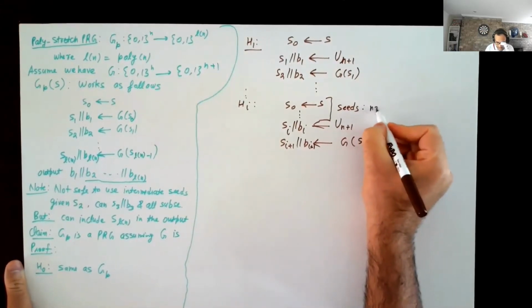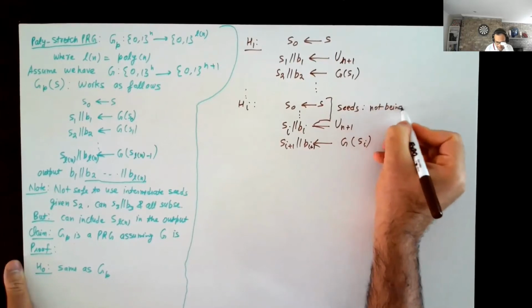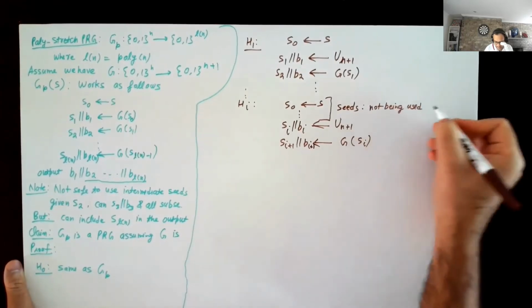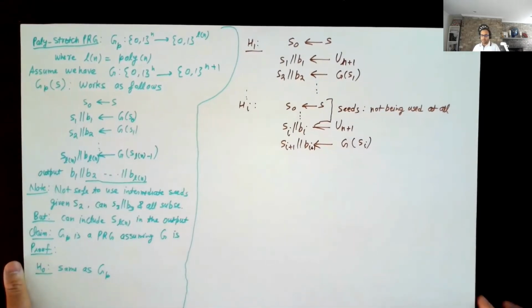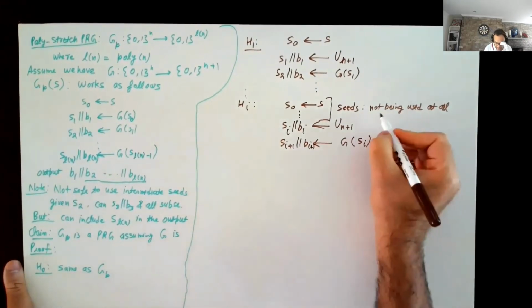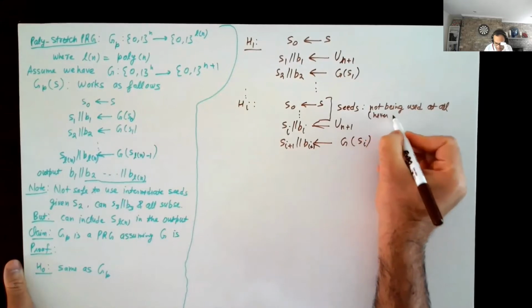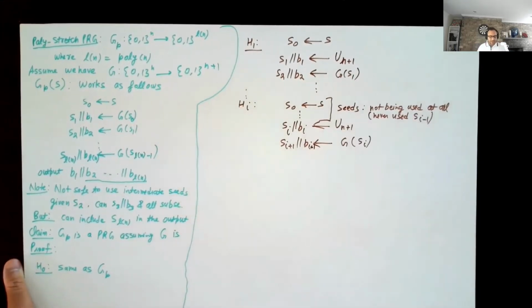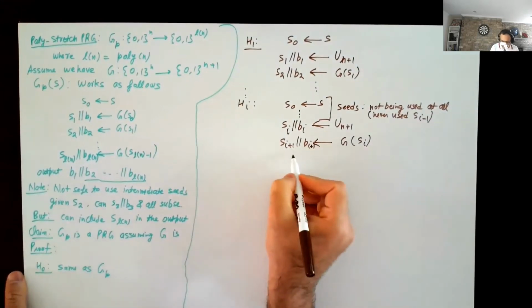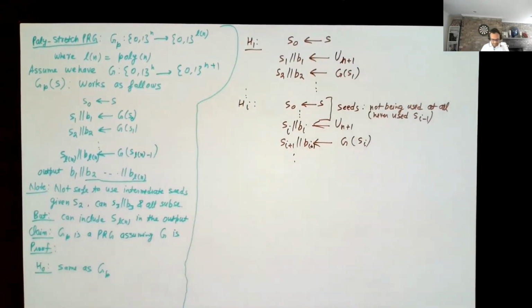They are not being used at all in this experiment HI, right? Because, for example, we never used S of I minus 1. So just something to keep in mind. There's no need to generate them.